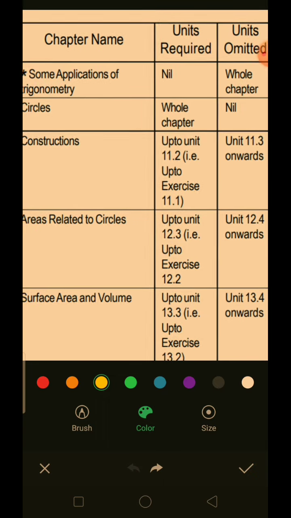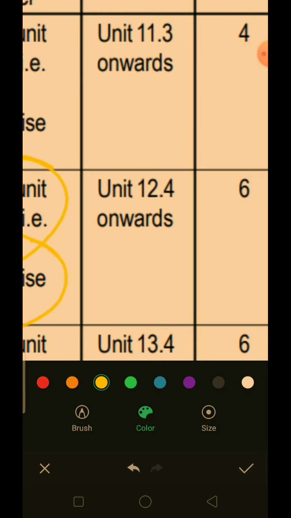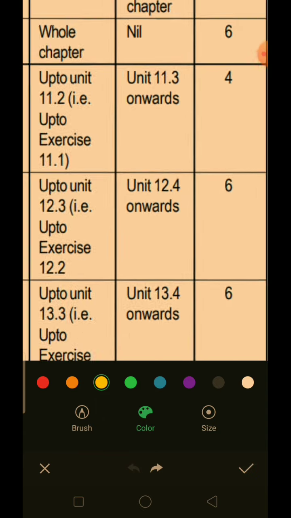Then you have areas related to circles, study up to unit 12.3, and exercises only 12.1 and 12.2. So unit 12.4 is left out. You don't need to study that, okay? And it carries 6 marks.